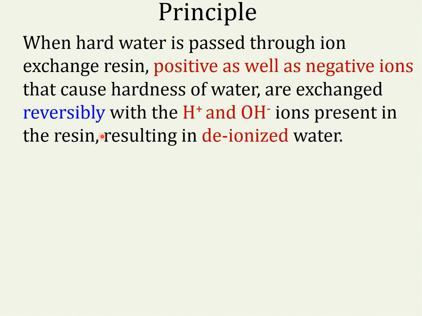Let us take an example. The hard water sample here contains magnesium chloride as the hardness producing salt. That means it has Mg2 plus ions and Cl minus in it. Well, now let us pass this water through the cation exchange resin.